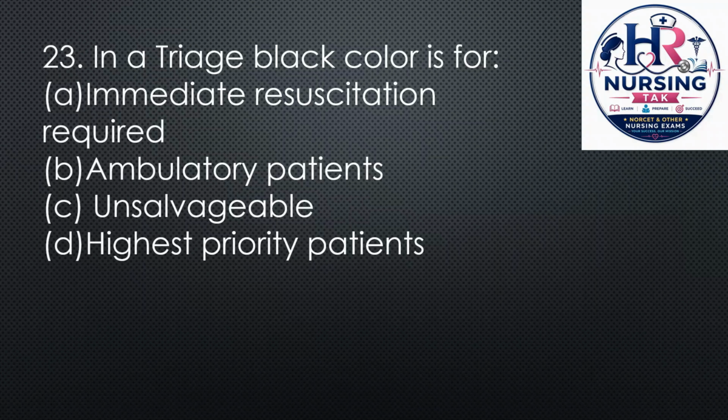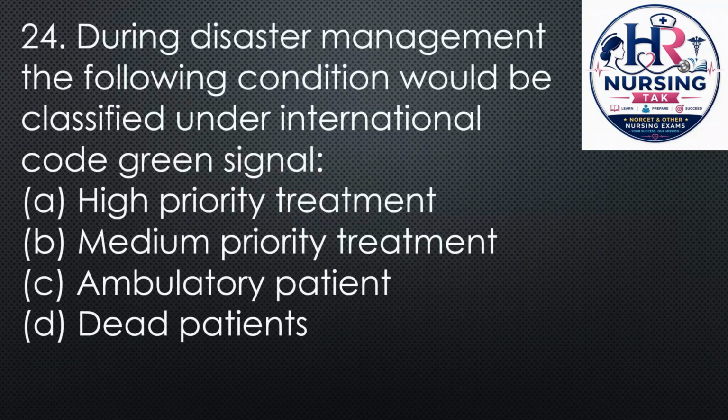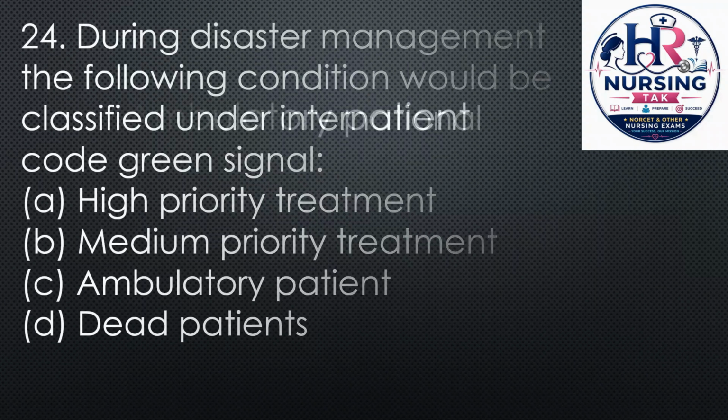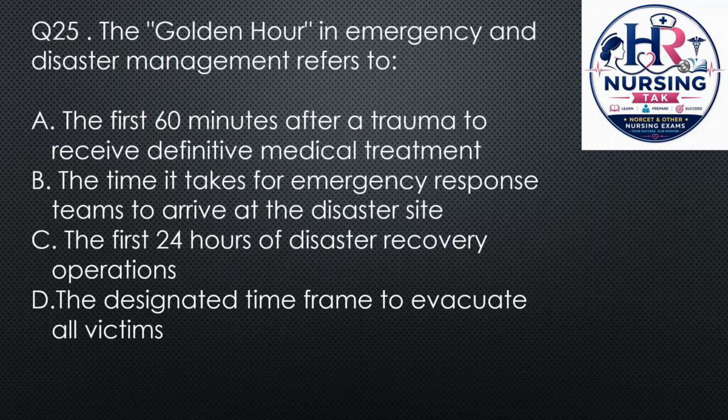C. Unsalvageable. D. Highest priority patients. Answer is C. Unsalvageable. Question 24. During disaster management, the following condition would be classified under International Code green signal. A. High priority treatment. B. Medium priority treatment. C. Ambulatory patient. D. Dead patients. Answer is C. Ambulatory patient.